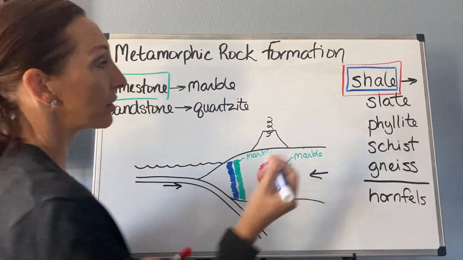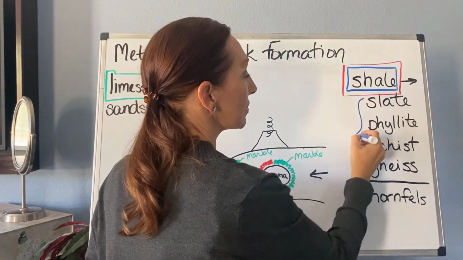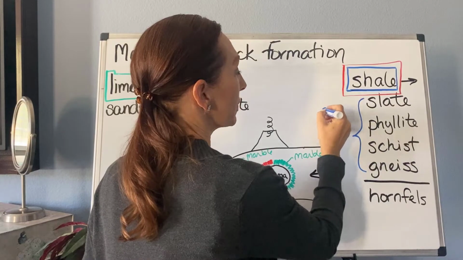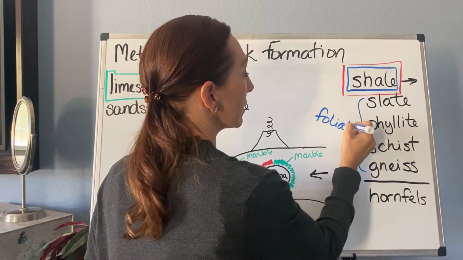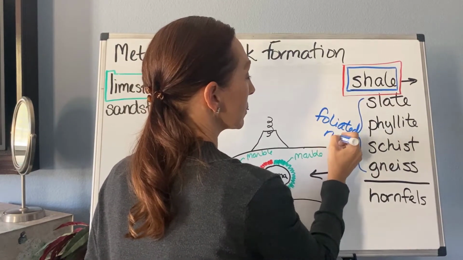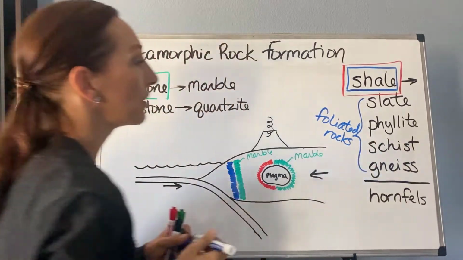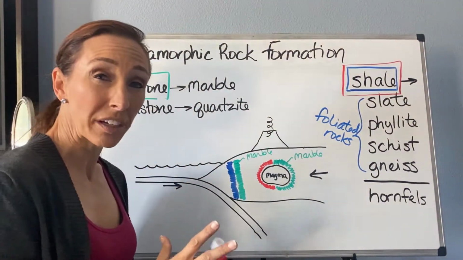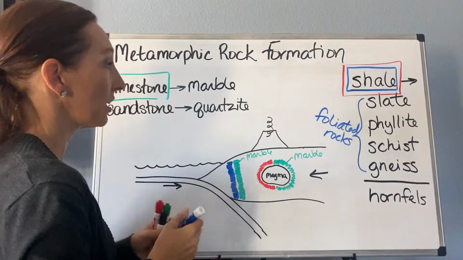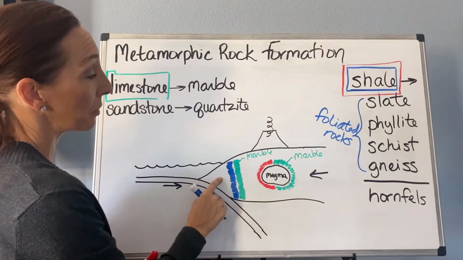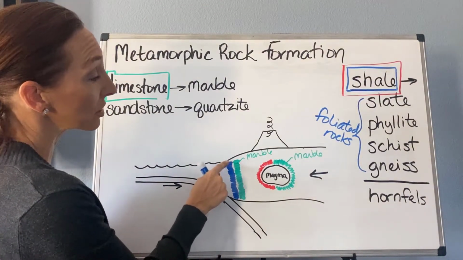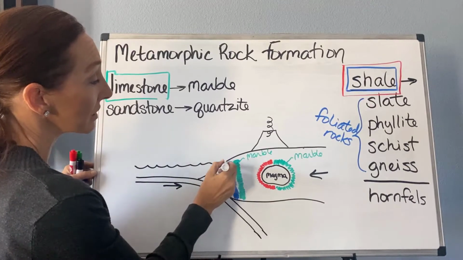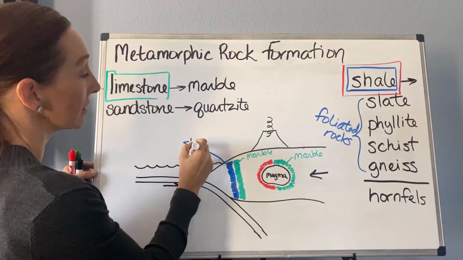And our foliated rocks, if you remember, are these top ones here. So here's my foliated rocks. Okay, so because we're going to get that orientation and that directed pressure, here we're going to get, depending on low pressure and maybe low temperature, your slate is going to develop here.